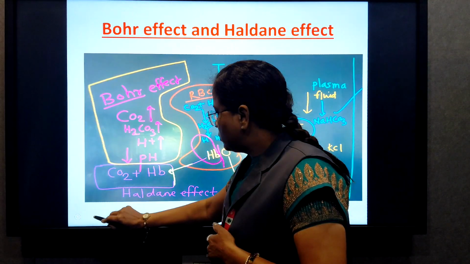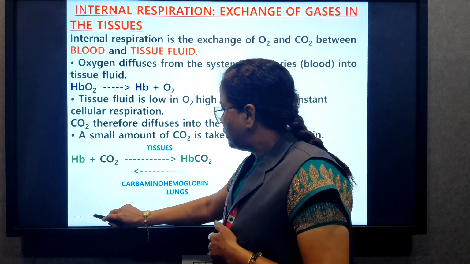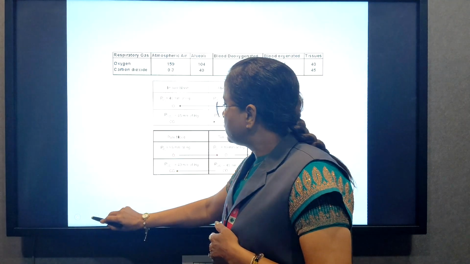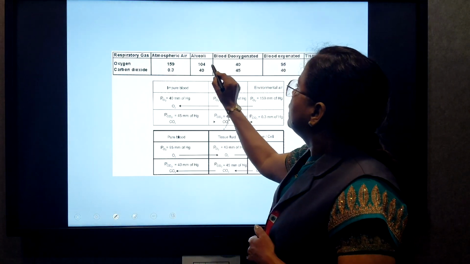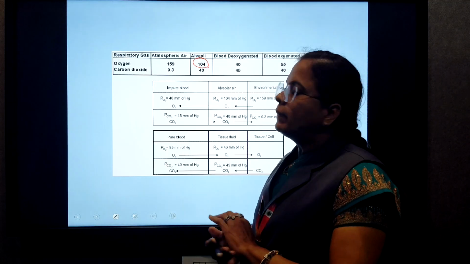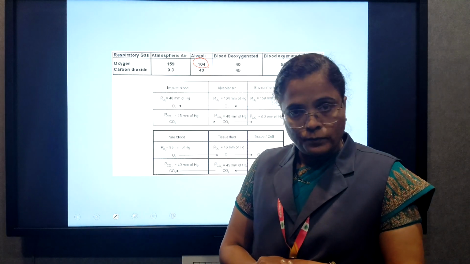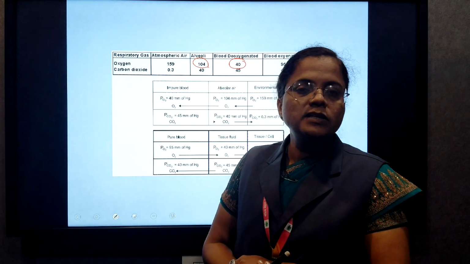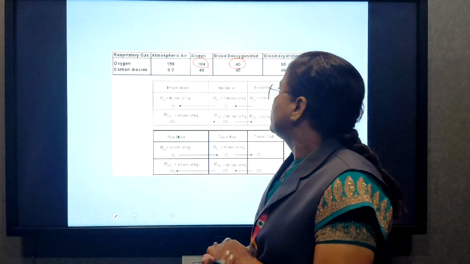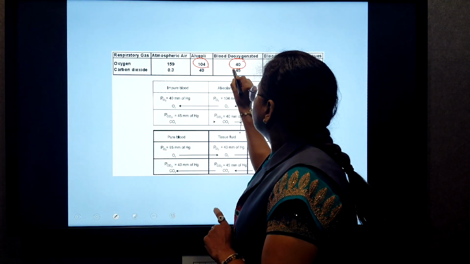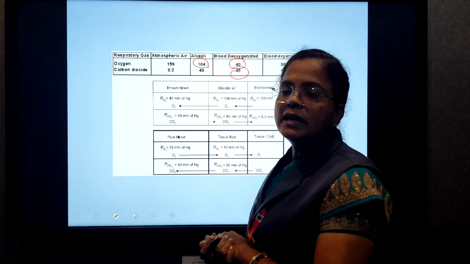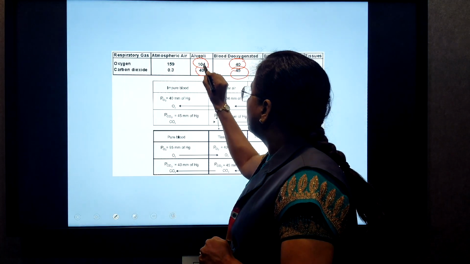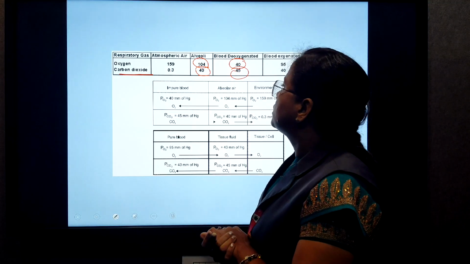One slide is most important regarding the exchange in external respiration. See this slide. In the alveoli, the partial pressure of oxygen is 104. At the same time, in the pulmonary arteries, the partial pressure of oxygen is 40. And in the blood capillaries, the partial pressure of carbon dioxide is 45. At the same time, in the alveoli, the carbon dioxide partial pressure is 40.